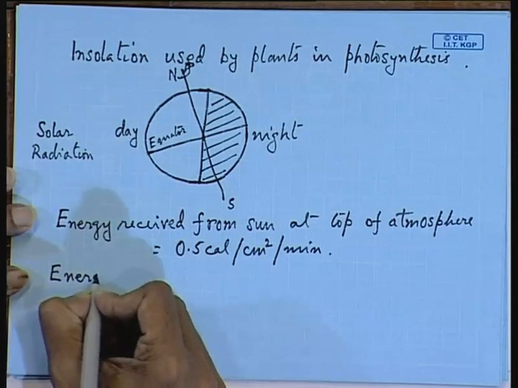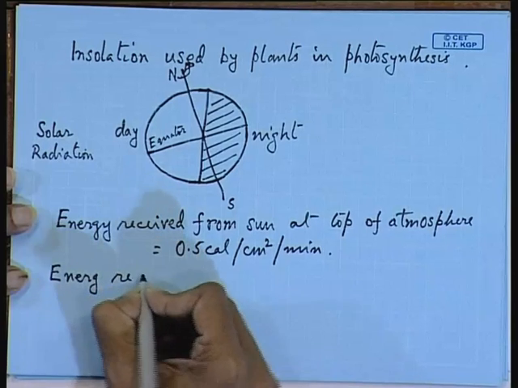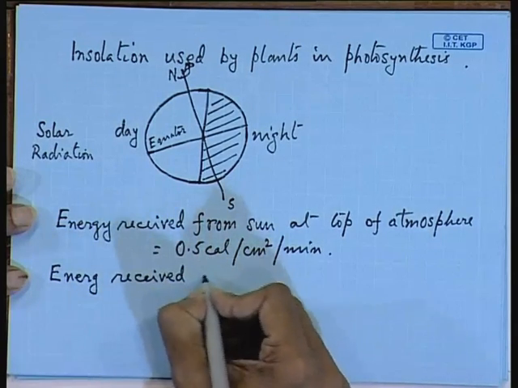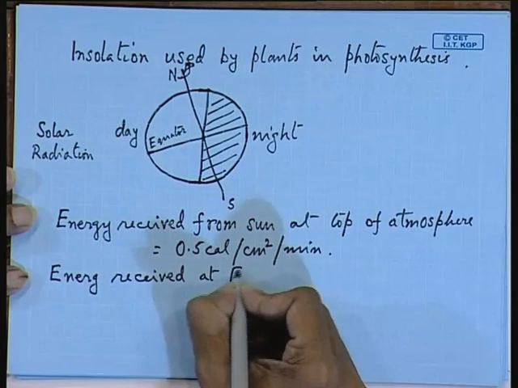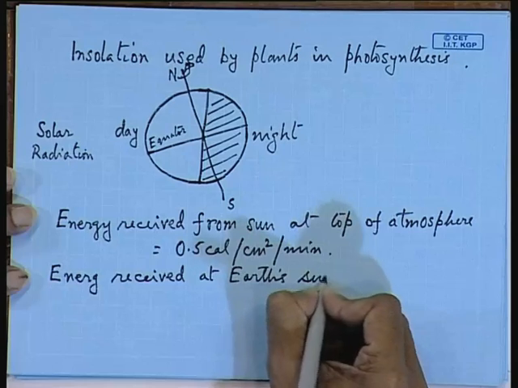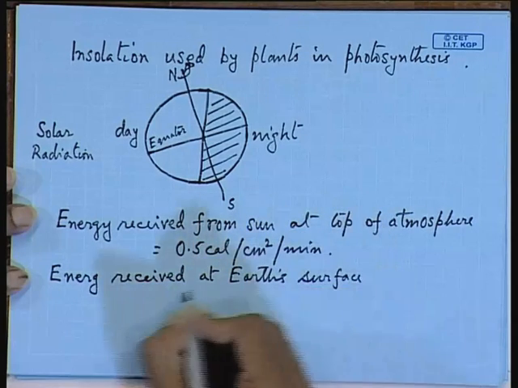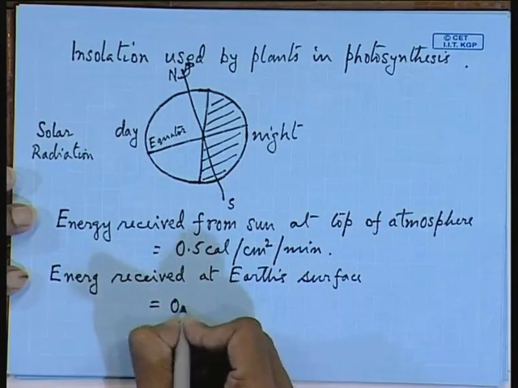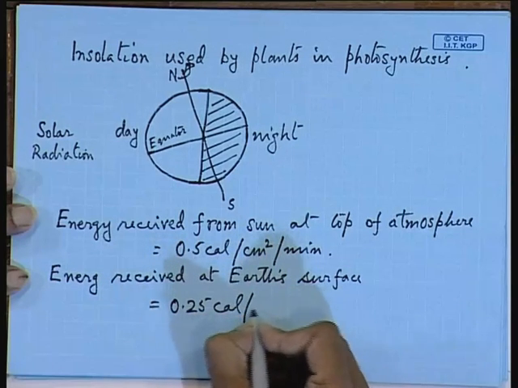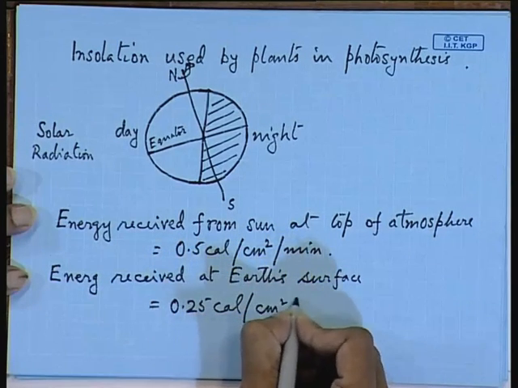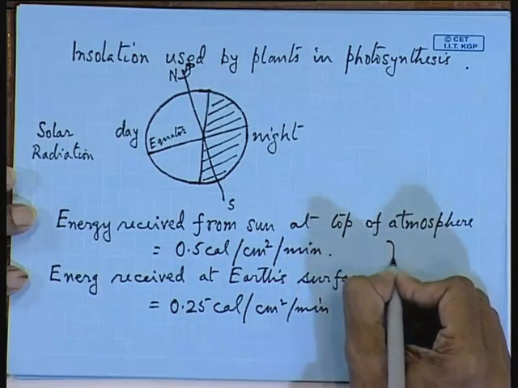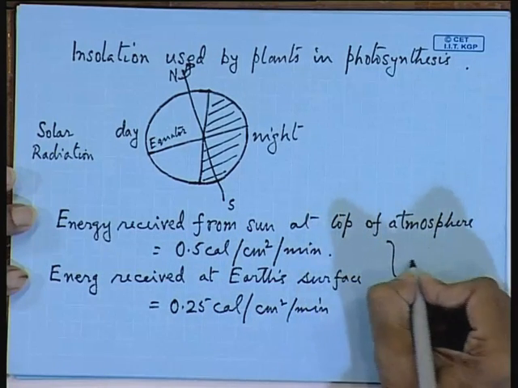So, this is only half. So, 0.25 calories per centimeter square per minute. Now, this is on a 24 hour basis.